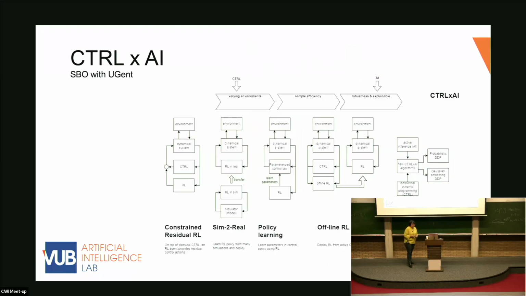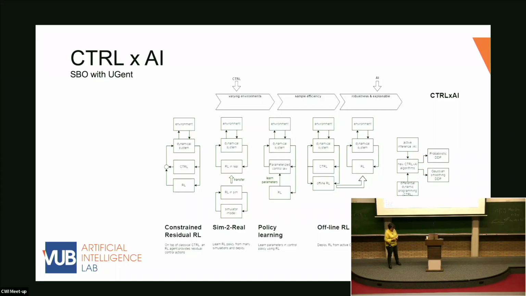Okay, then within the project we are exploring different approaches. This is a technique that the University of Ghent is very much applying, residual RL, where there is a basic controller, and then the RL agent is correcting somehow, putting an action on top. It can be adding, it can be other kinds of combinations. Sometimes it works very well, but it can also still be challenging to make this work.